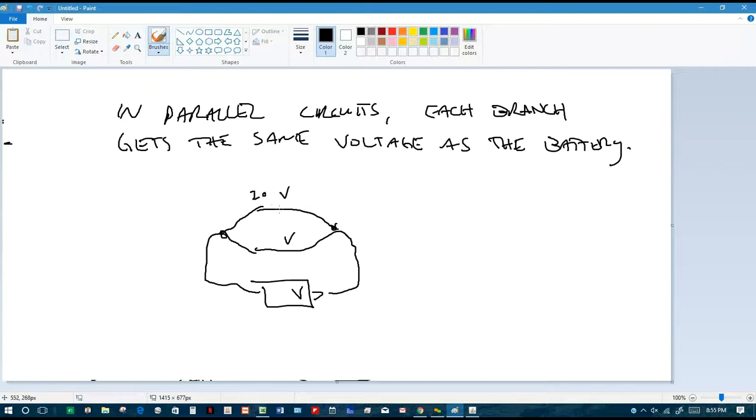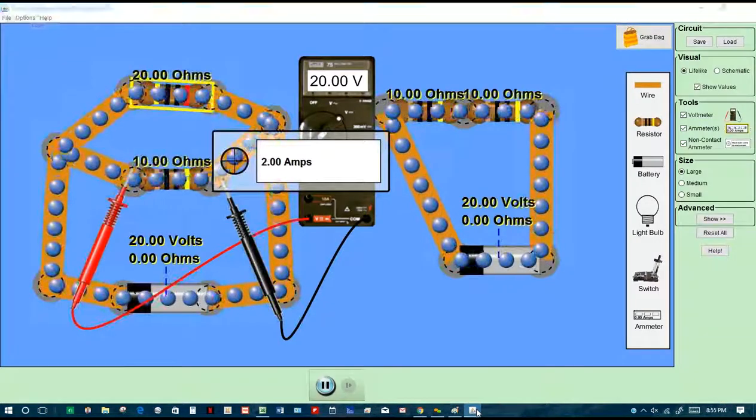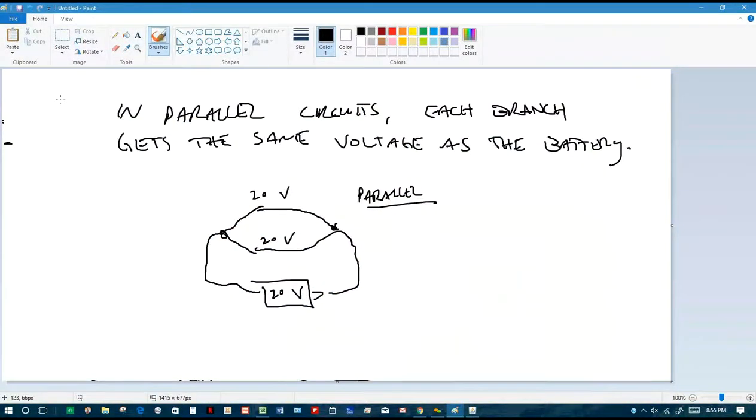If this was 20 volts and this is 20 volts because it's a 20 volt battery and this is in parallel, and we knew that the resistance on the top and the resistance on the bottom were different, remember? This section on the top was 20 ohms, and the section on the bottom was 10 ohms.